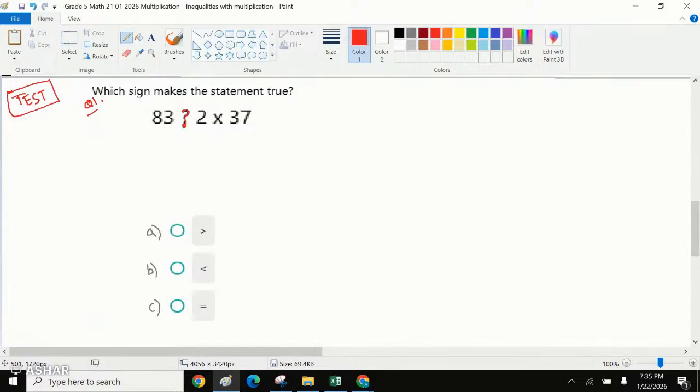We can say that 37 multiplied by 2 was 74. Agreed. And on the other side, the number was 83.